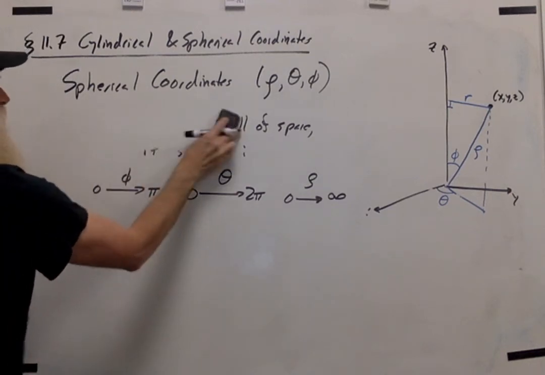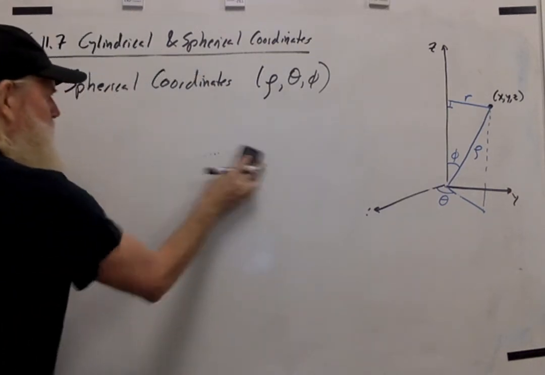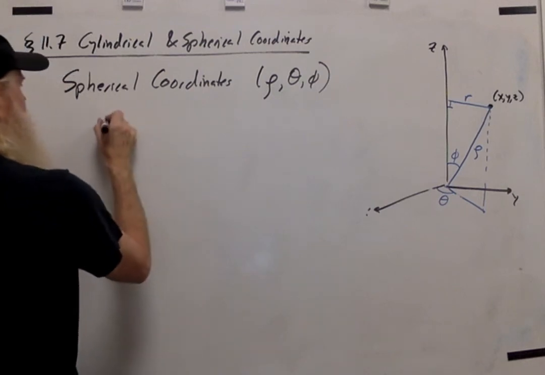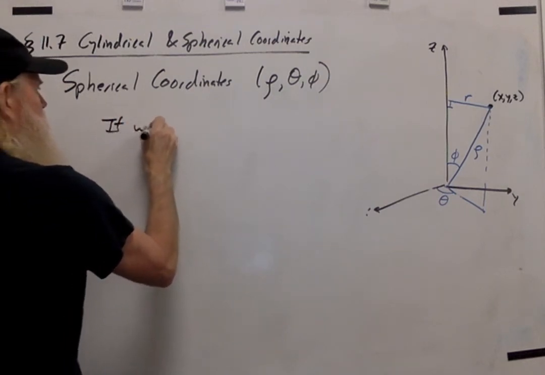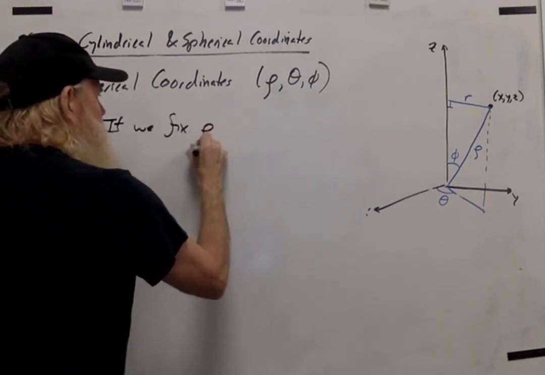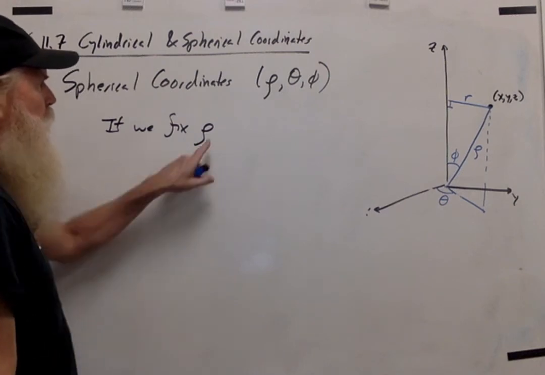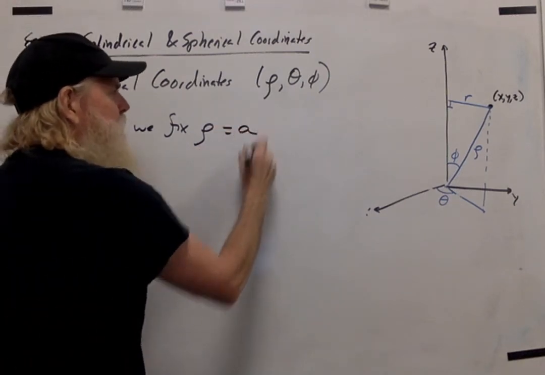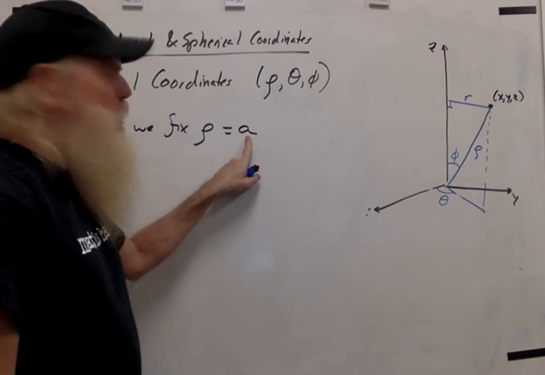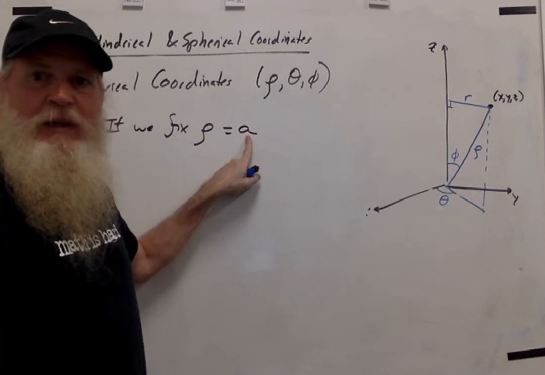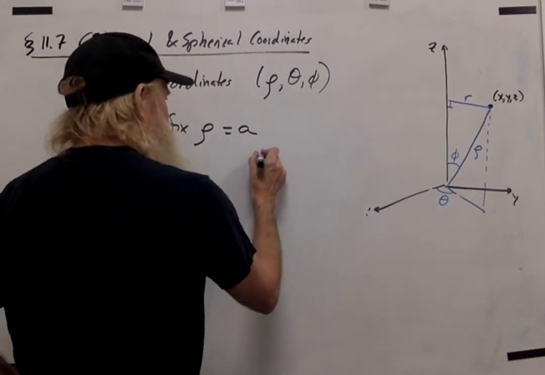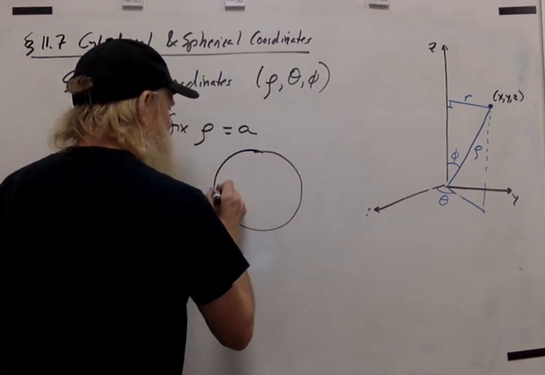Now, if I fix rho, let's say rho equals a, I'm going to be looking at all the points whose distance from the origin is equal to a. Well, in other words, that's going to be a sphere of radius a.